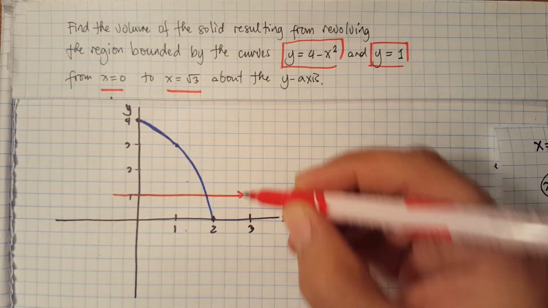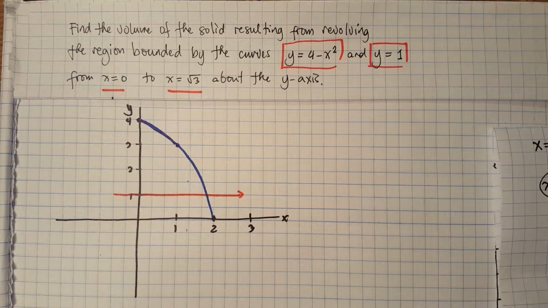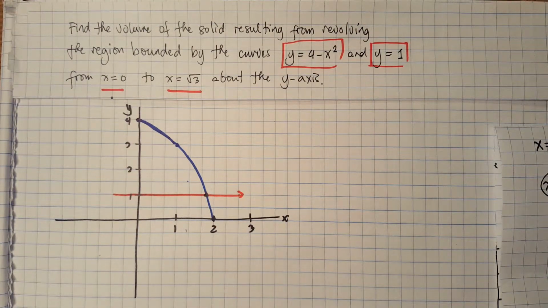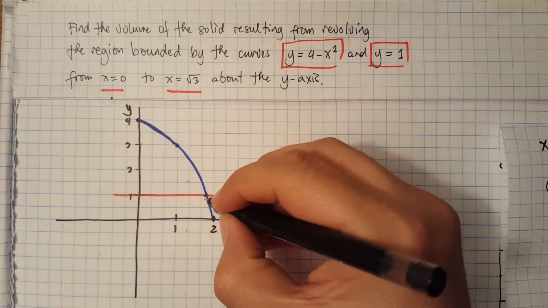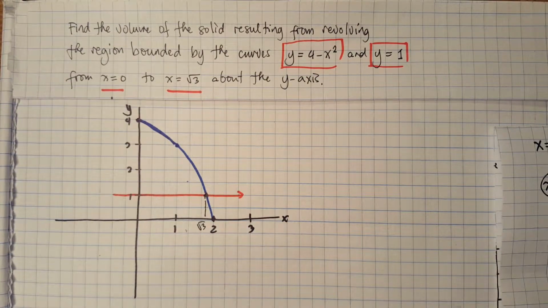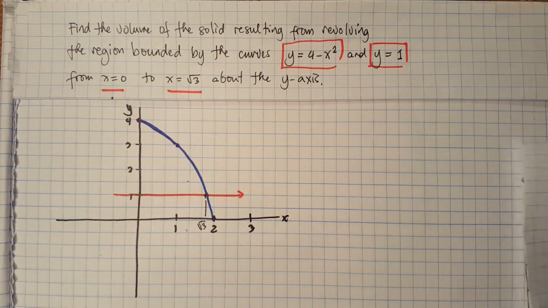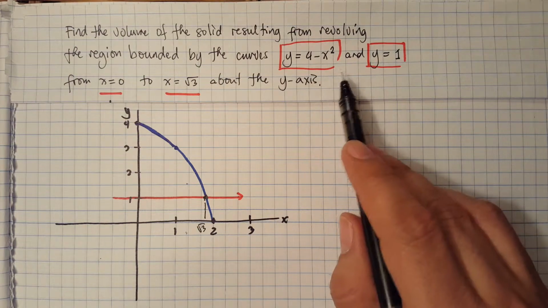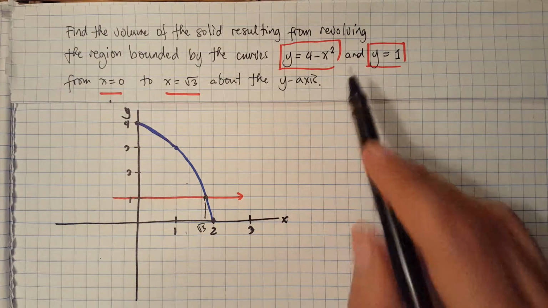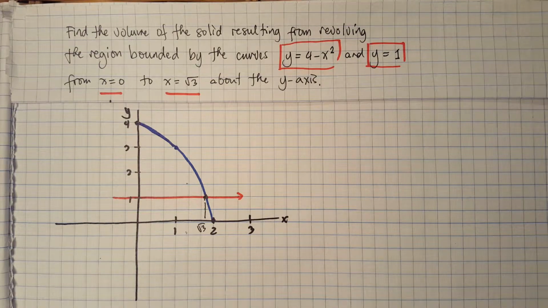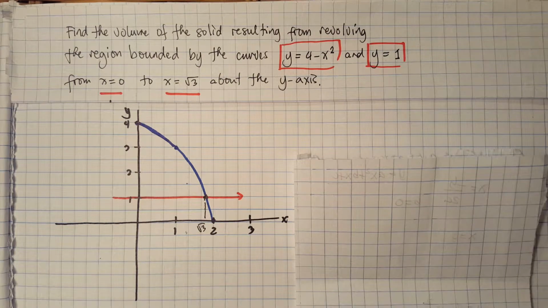As you can see, they meet at this particular point, and hopefully that is the square root of 3, so that we won't have a problem with this. Is that the case? You can easily verify that.